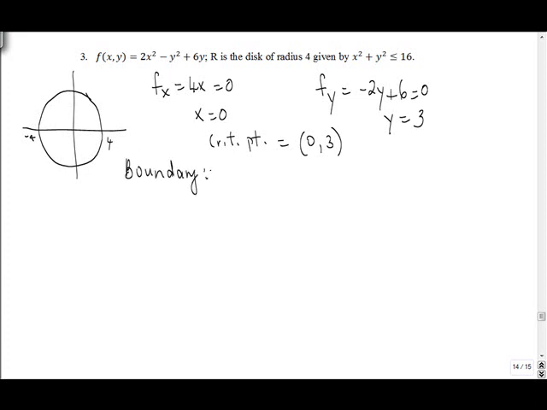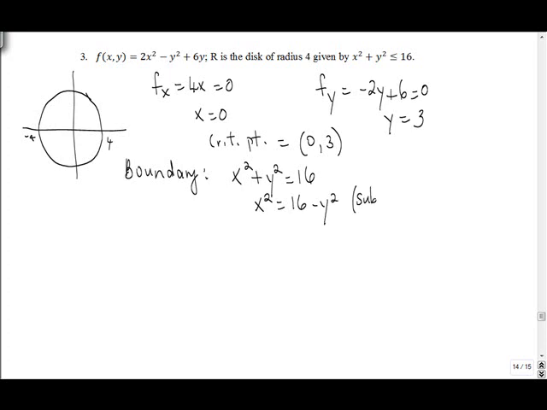Now the boundary is the actual circle, and so the equation is x squared plus y squared equals 16. So it's a circle, it has no straight line, so we have to use this entire equation and put it into the function. Because you see the type of the function, there's a y squared and there's a y, I would substitute for x squared. So x squared equals 16 minus y squared.